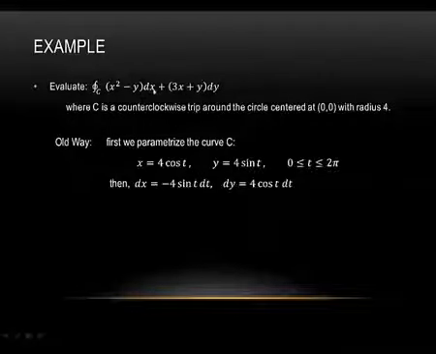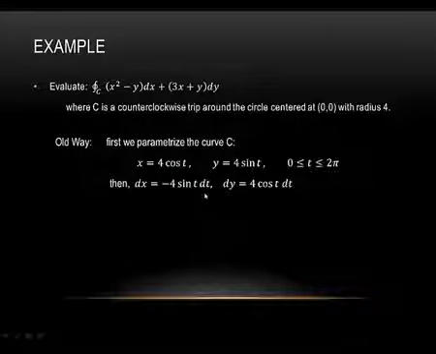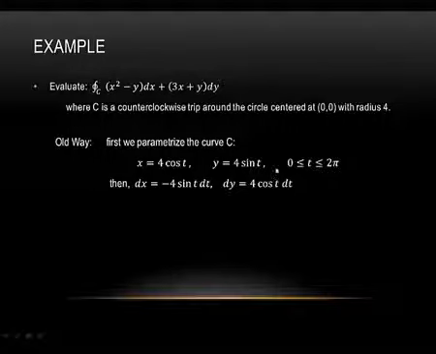And then I also would have to compute dx and dy because that's part of my line integral. dx would be the derivative of this, which is negative 4 sine t dt, and dy would be the derivative of this, which would be 4 cosine t dt. So then I have to convert this entire expression to my parametric equations.